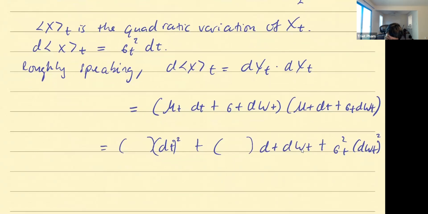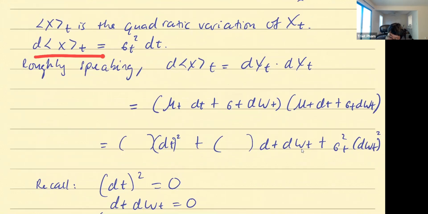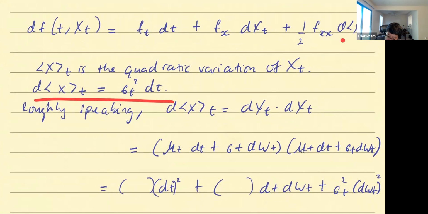And if you remember that dt squared is equal to 0, dt dwt is also equal to 0, and dwt squared exactly is dt. And therefore, that explains why the quadratic variation, or this term right here, is nothing but sigma squared t dt.